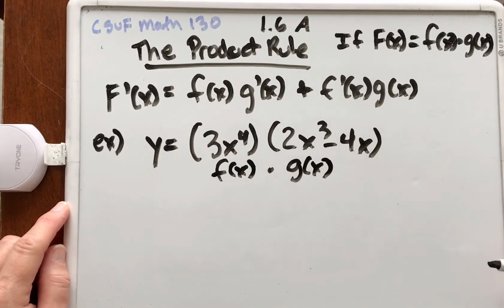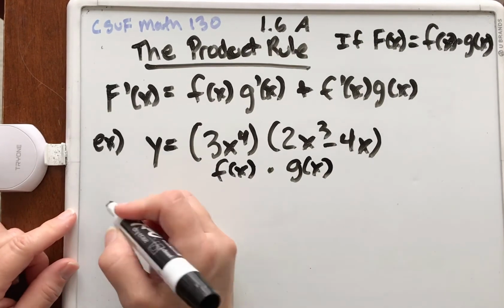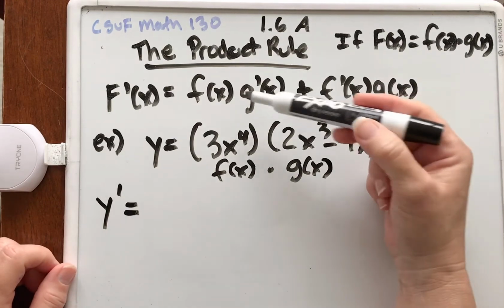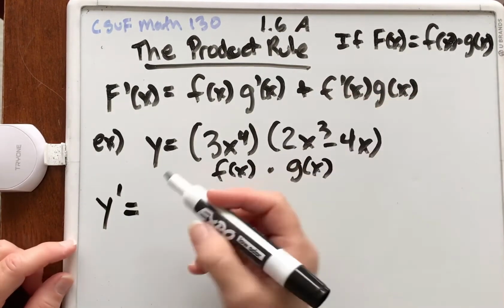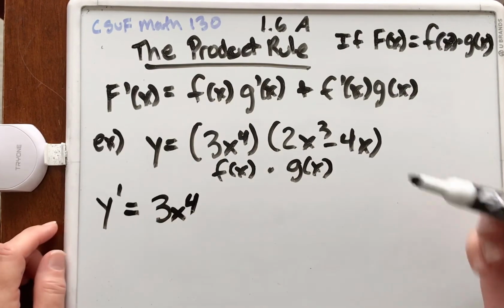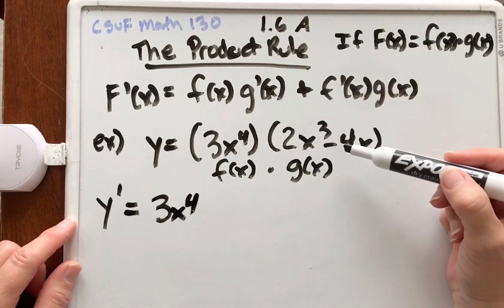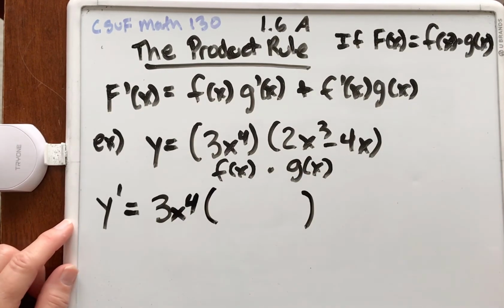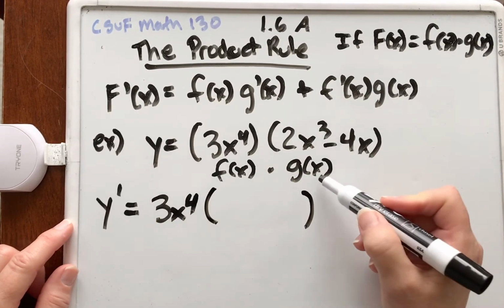Okay, so let's apply the product rule to find the derivative. The product rule says we just leave f of x as it is, so 3x to the 4. And then we multiply that by the derivative. Since we're taking the derivative, I'm going to go ahead and put parentheses here.